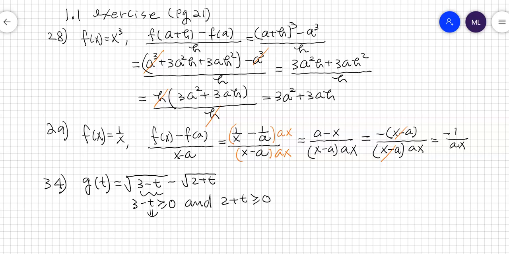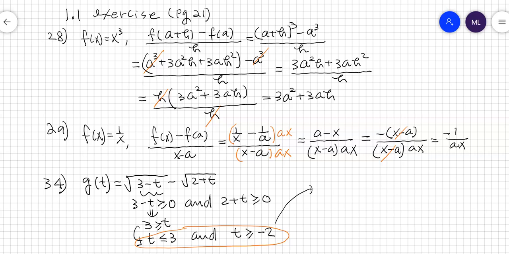So from here, t is less than or equal to 3. Another way of saying it is t is less than or equal to 3, and t is greater than or equal to negative 2. So both conditions have to be satisfied.